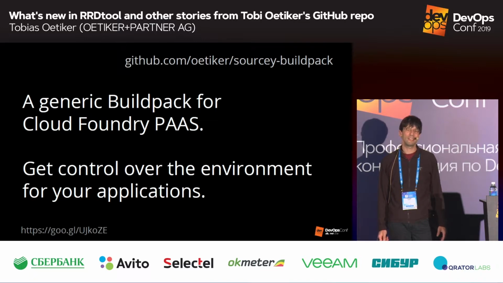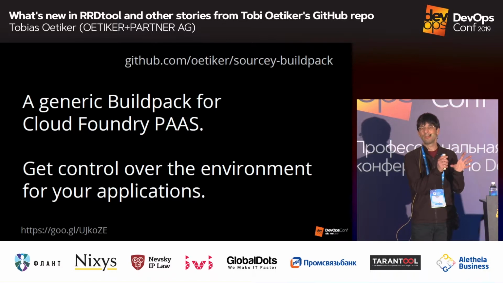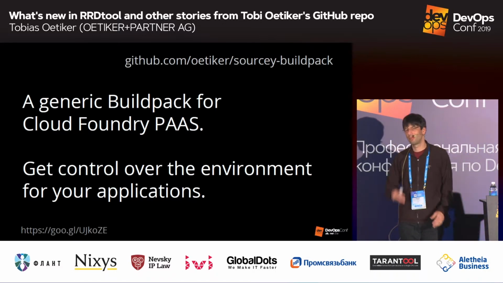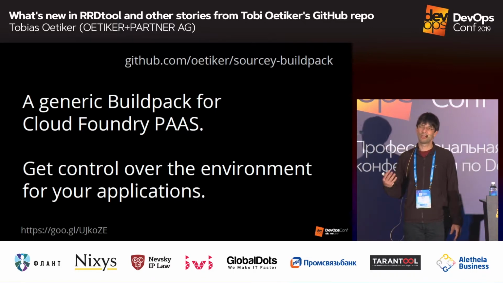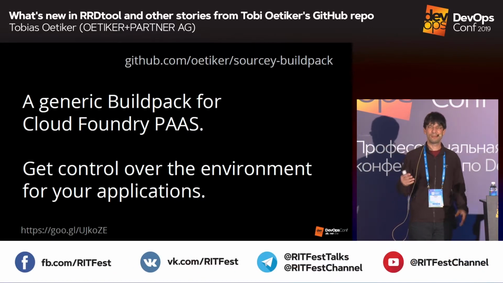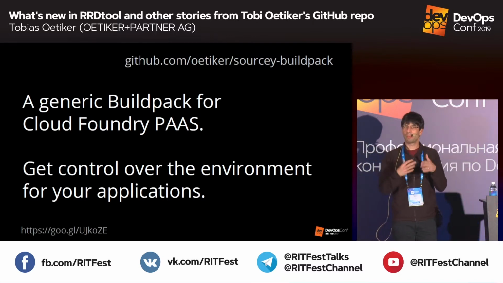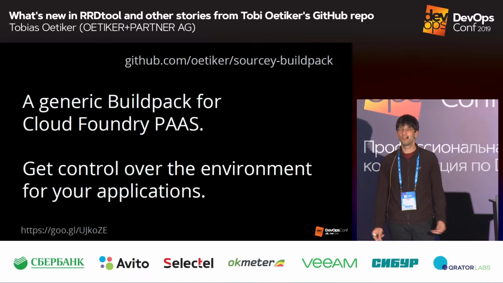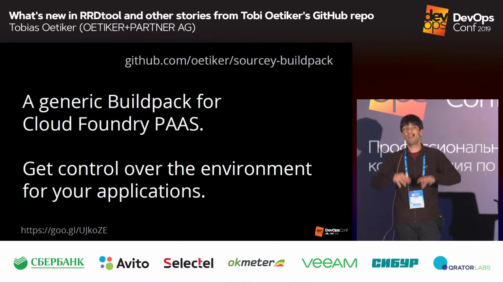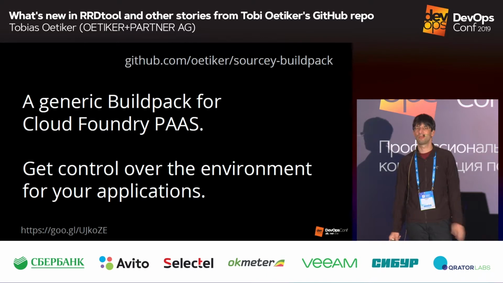So the idea there is that instead of using one of the existing build packs which are language specific, so a PHP build pack or a Ruby build pack, I wrote one which is generic and lets you exactly specify which tools you need, which then get compiled and cached on Cloud Foundry and allow you to produce exactly your environment, not an environment which happens to exist because there is a build pack which somehow works with your code.